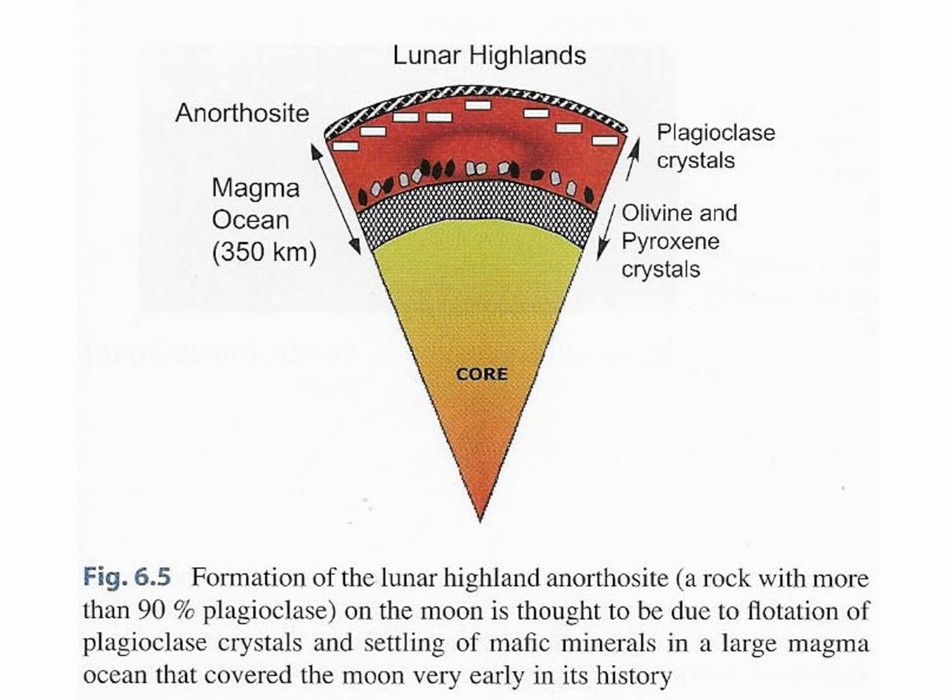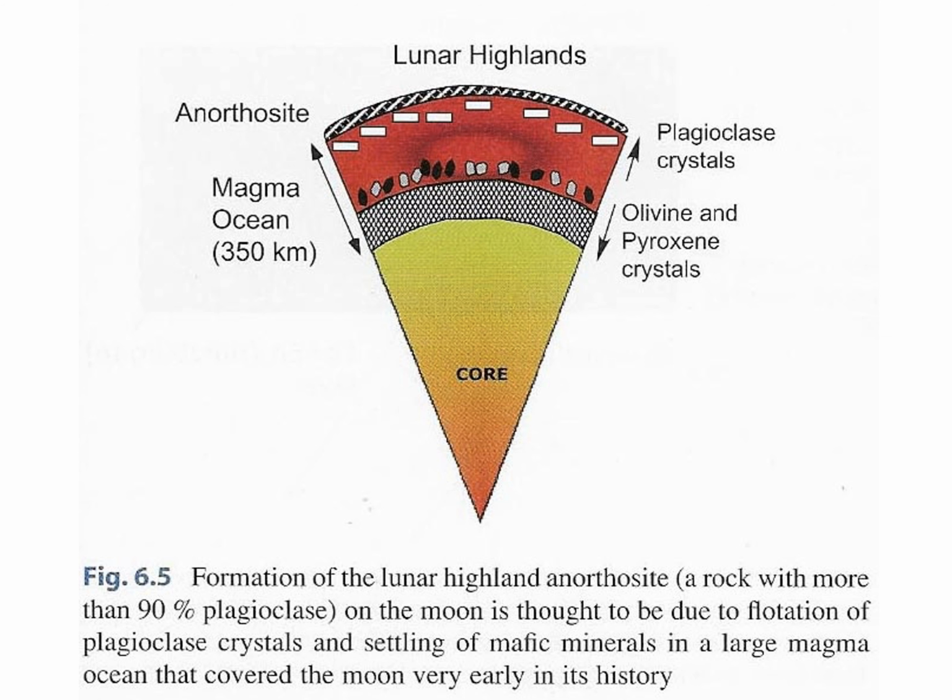So, and then you are forming here your anorthosite layer at the top on the lunar highlands of the moon, and here at a depth of down to 350 kilometers, you have this more orthopyroxene and olivine-rich layer. What is written here?